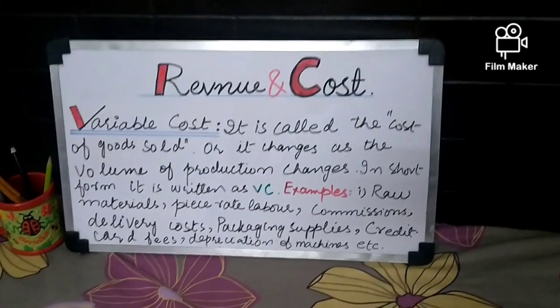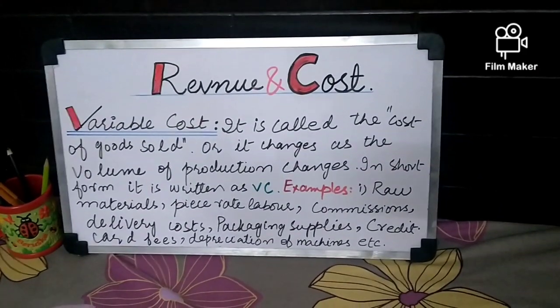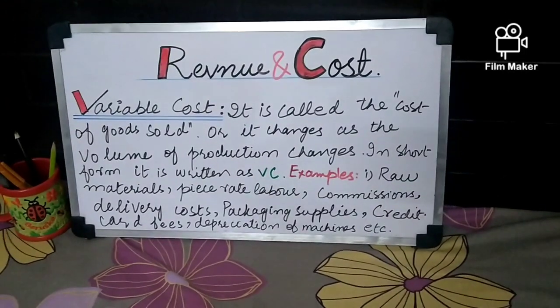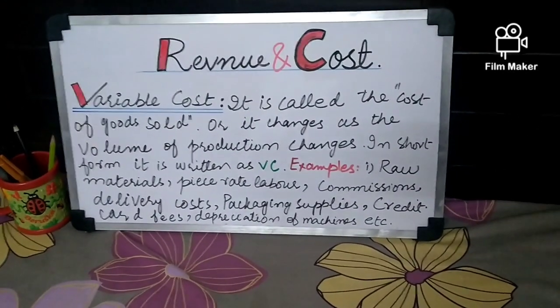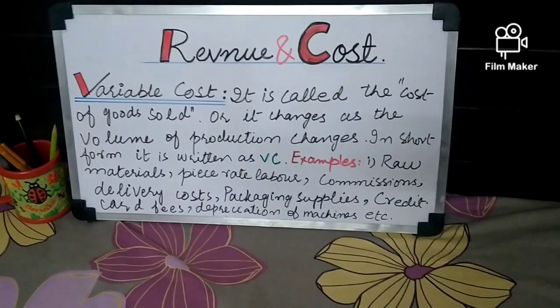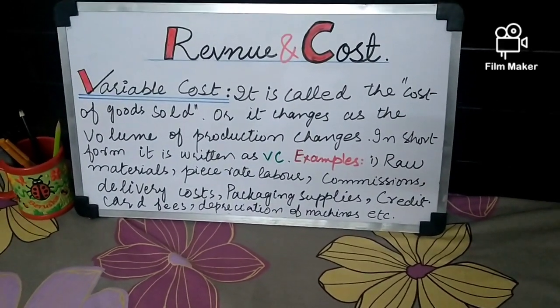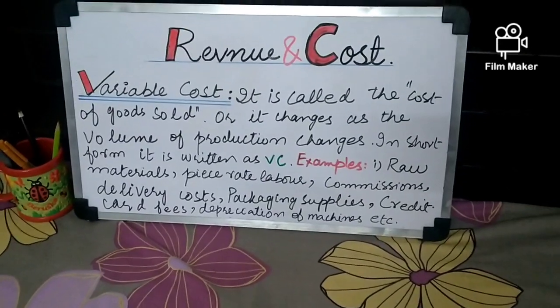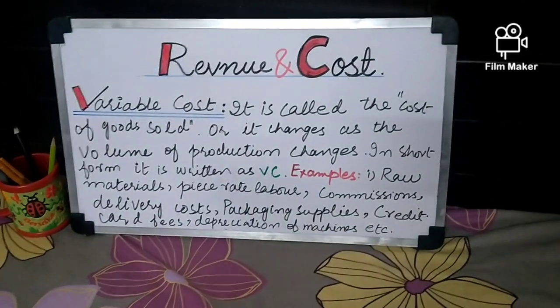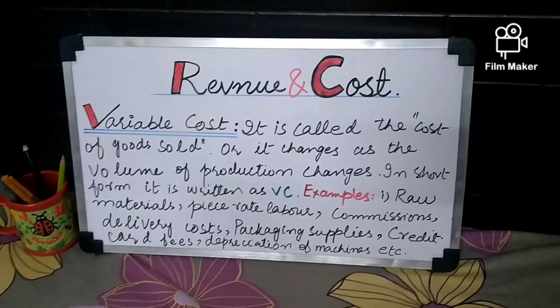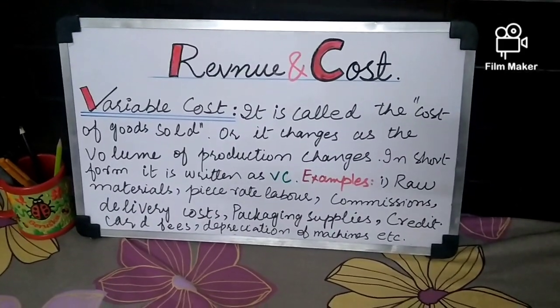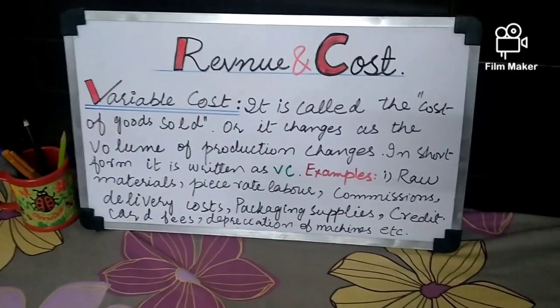Students, piece rate labor is, for example, if a worker produces goods and he is paid according to each unit produced. For example, if a worker produces t-shirts or bricks, then he is paid for each unit produced irrespective of the time.